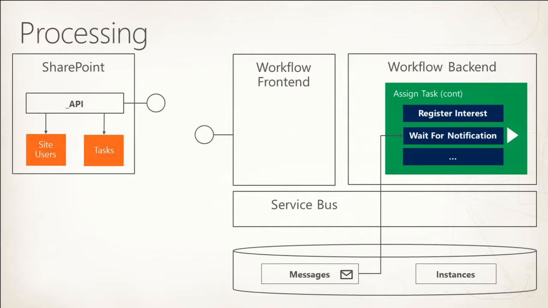That workflow is going to get activated, and once we reach the next point, we write the state of the workflow, we receive the message, and then the message disappears from the database. So this is basically how we make sure that all the state in SharePoint is always kept consistent with the workflow state.